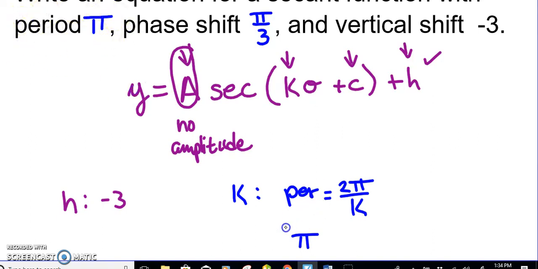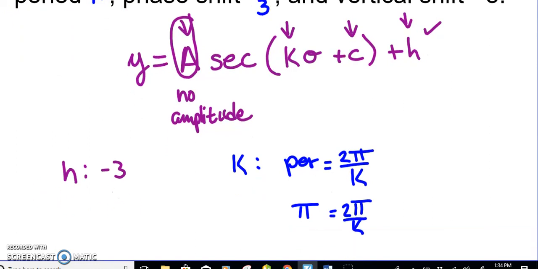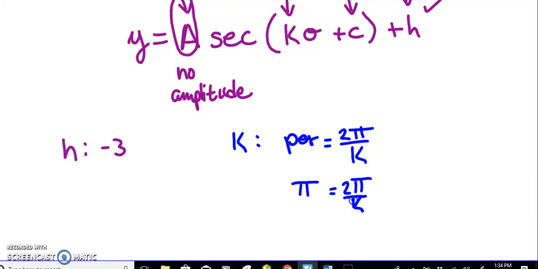And 2 pi over K is the formula for the period. Now we just solve for K. I'm going to cross multiply and make this pi over 1.